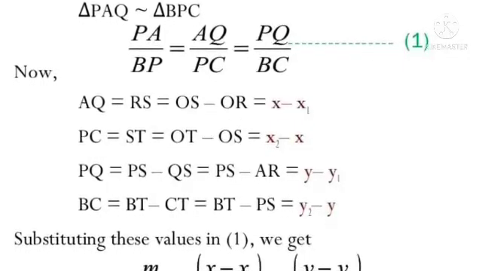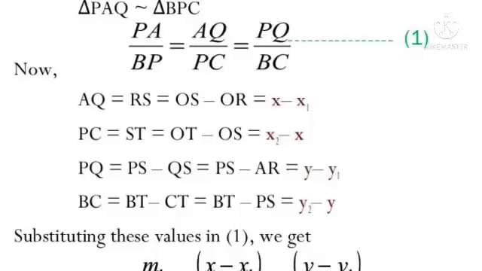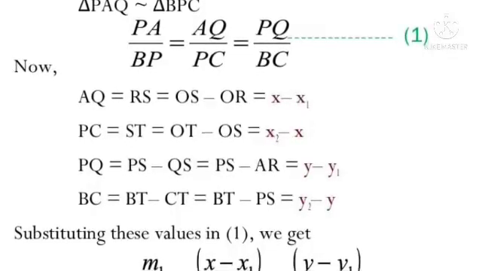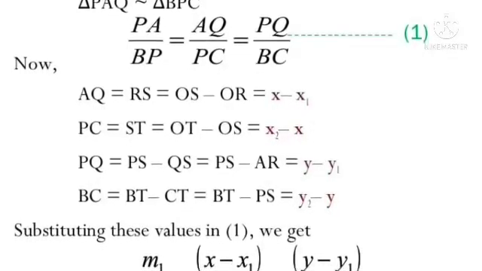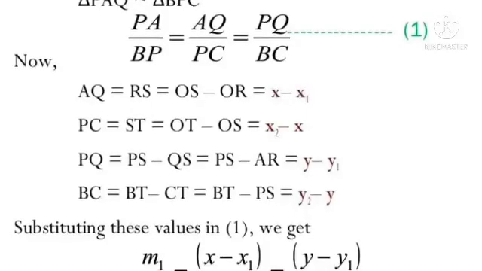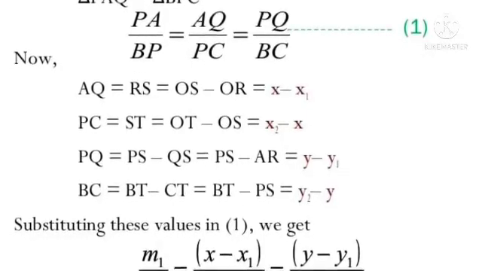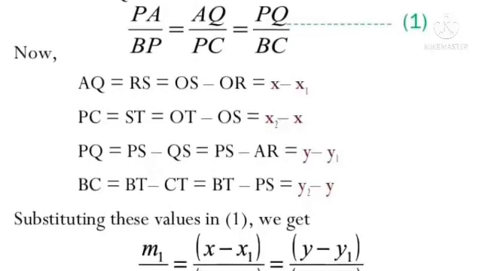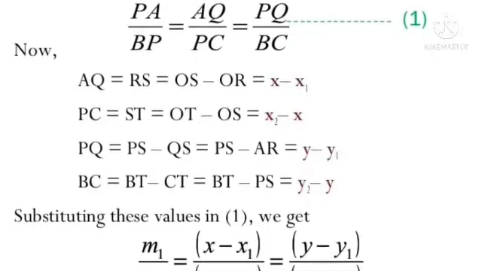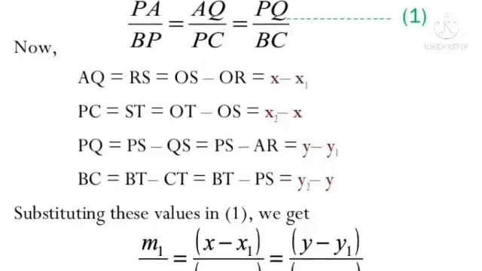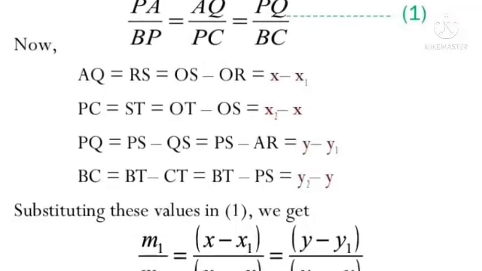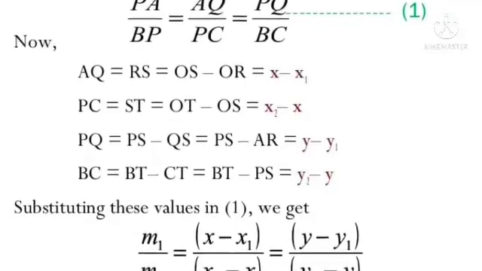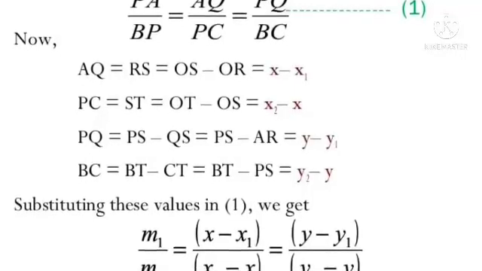PC is equal to ST is equal to OT minus OS is equal to x2 minus x. PQ is equal to PS minus QS is equal to PS minus AR is equal to y minus y1. BC is equal to BT minus CT is equal to BT minus PS is equal to y2 minus y.